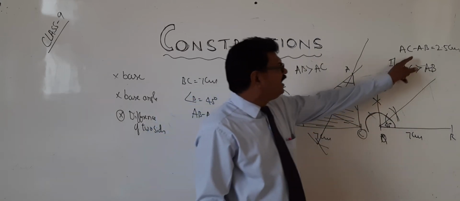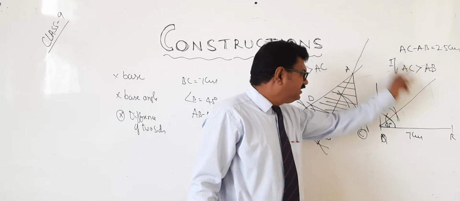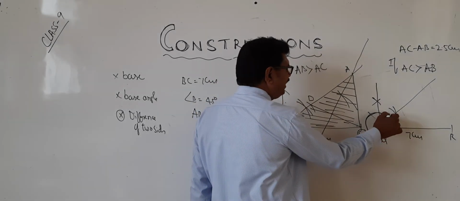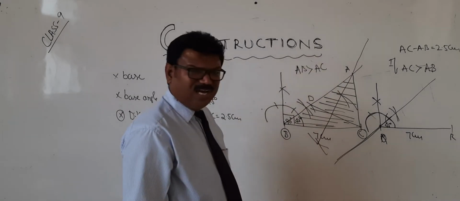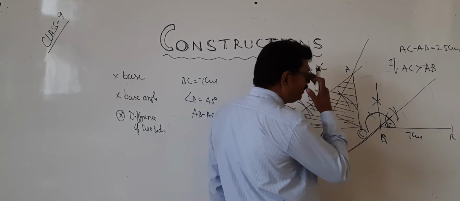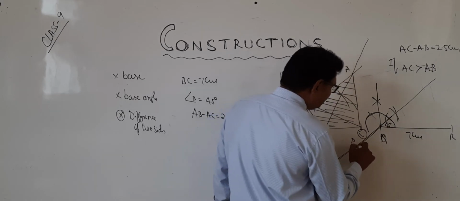Now if you observe what happened, AC minus AB means this right side line is greater. When it is greater, it will come down. It will not come on this. Therefore, what happened? Now from here to here is 2.5.